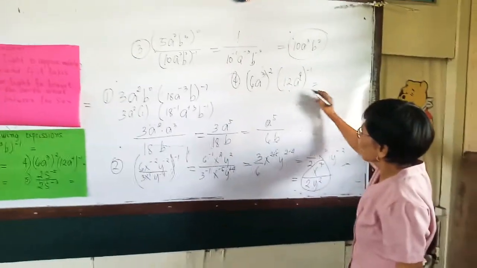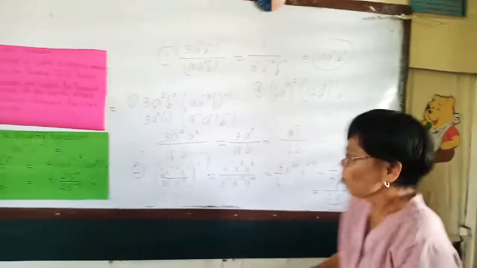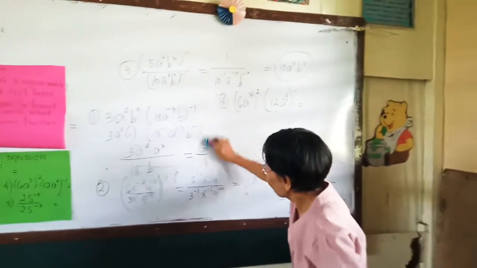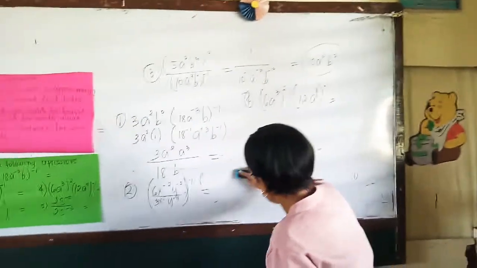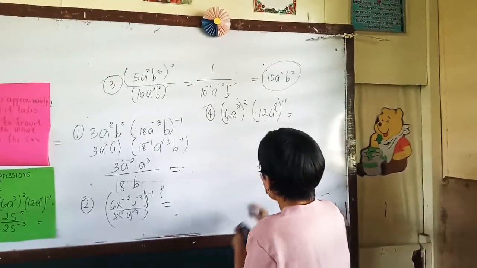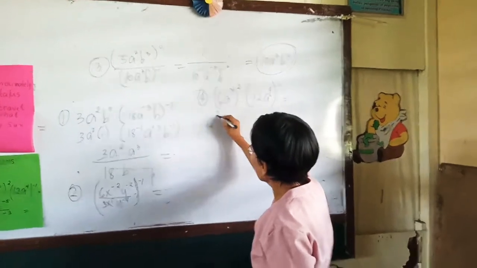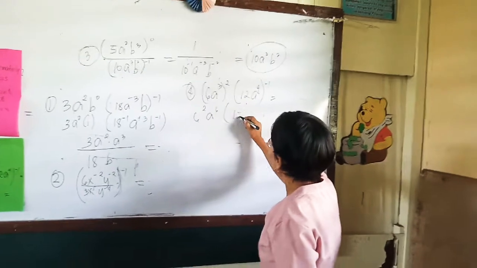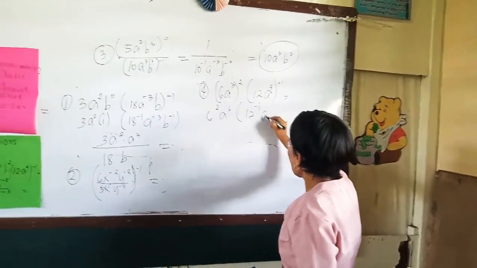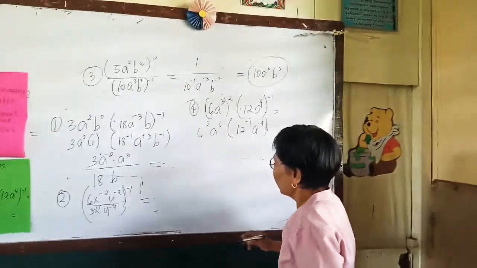So equals 6 squared a to the 6 times 12 negative 1 a to the negative 4.